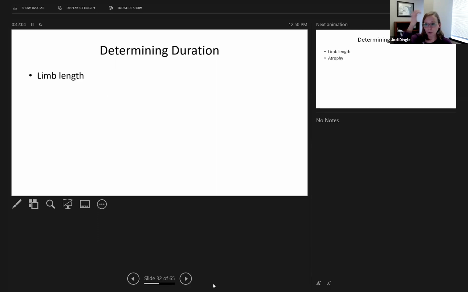So thinking about duration can be tricky, especially in little kids, like I said, who may not complain of pain at the beginning. So one thing you can look at is limb length. In inflammatory causes of arthritis like JIA, you will get limb length discrepancies. This is something that they like to trick you with on board questions. So early on in the course of JIA, the affected limb, because of the increase in blood flow to that inflamed joint, will grow longer.